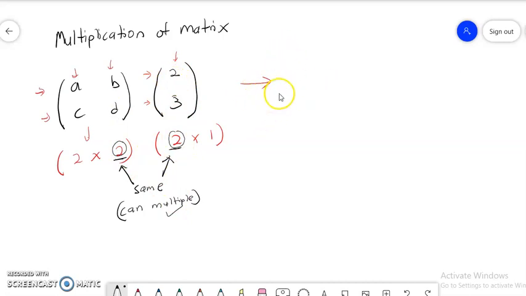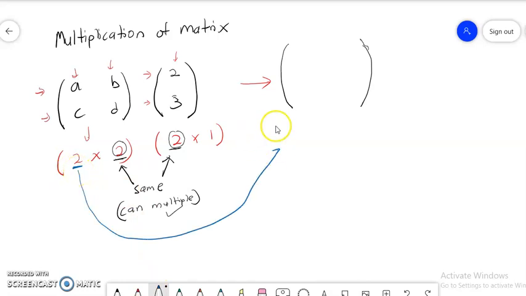Now, if you are wondering what your answer's format is, your answer's format will be 2 times 1.